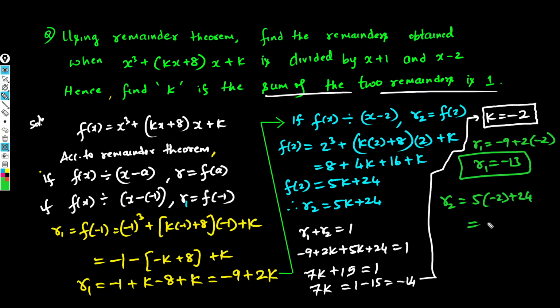Minus 10 plus 24 would be 14. Therefore, when this polynomial f of x is divided by x plus 1, the remainder r1 is minus 13. And when the same f of x is divided by x minus 2, the remainder r2 is 14 and the value of k is minus 2.